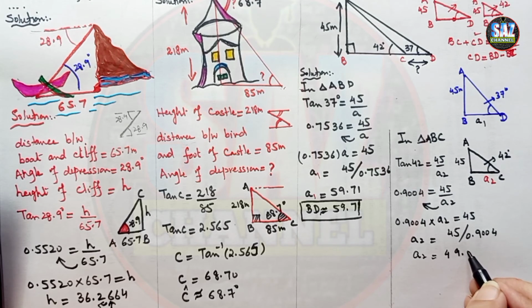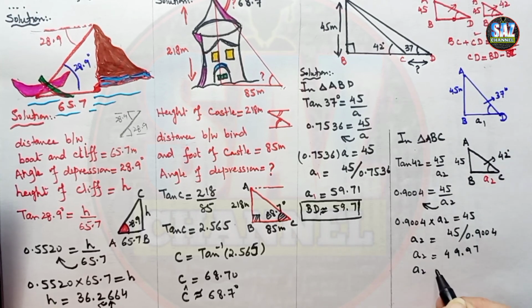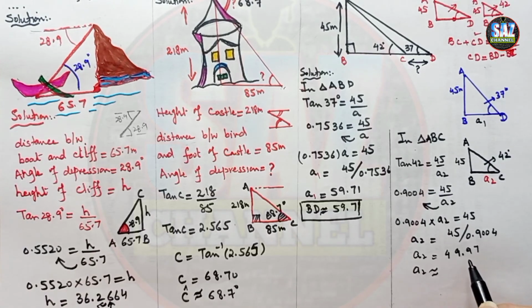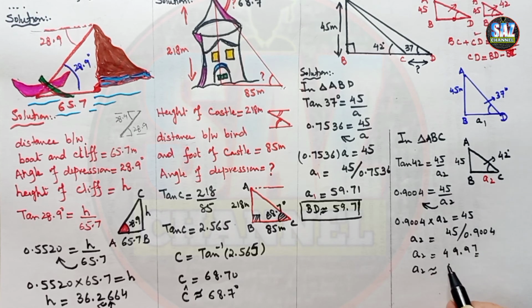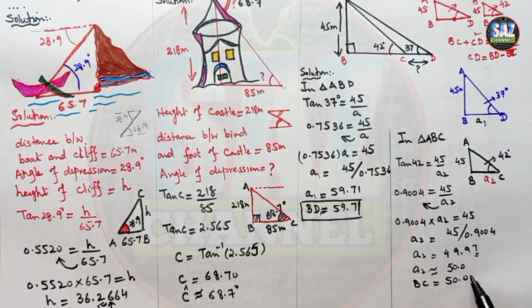Because I have to give my answer to three significant figures, I drop the last digit and add 1 to the previous one. 9 plus 1 is 10, so it becomes 0. So it will be approximately 50.0, and A2 is basically the BC length, BC equals 50.0 meters.